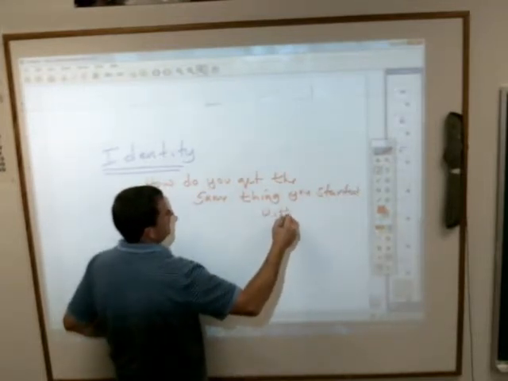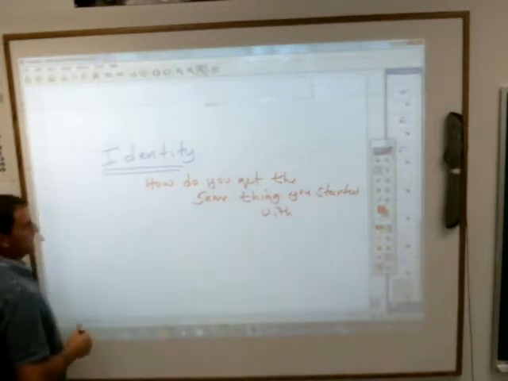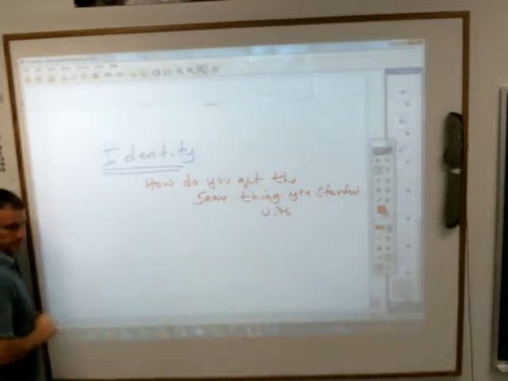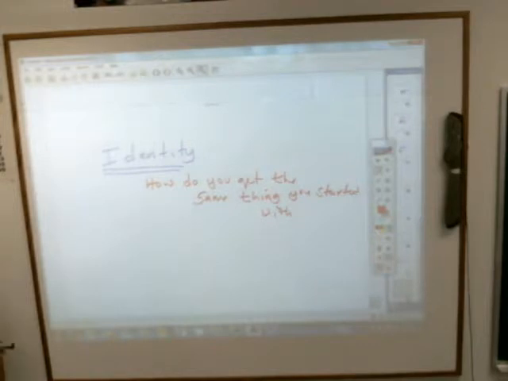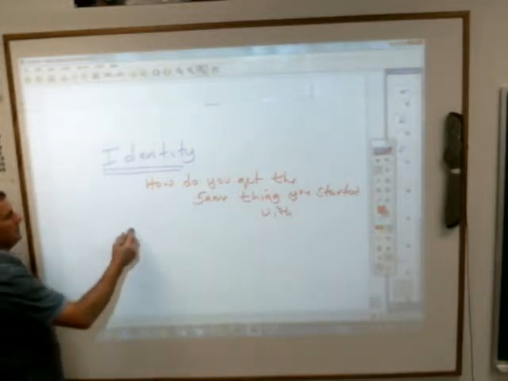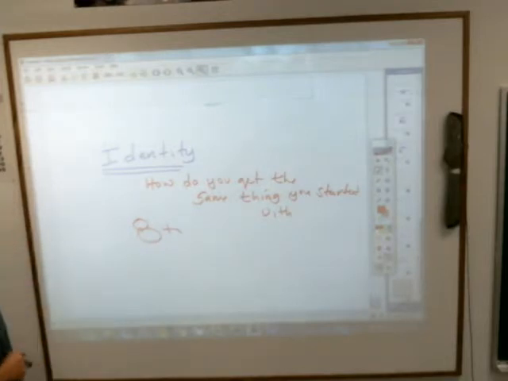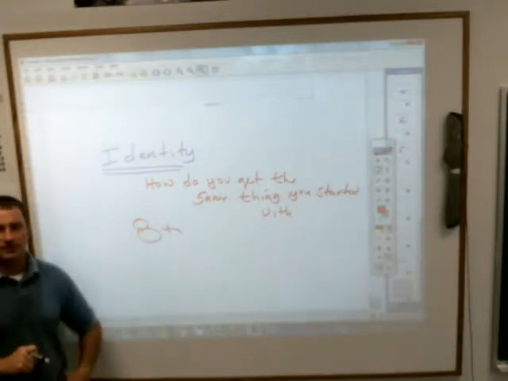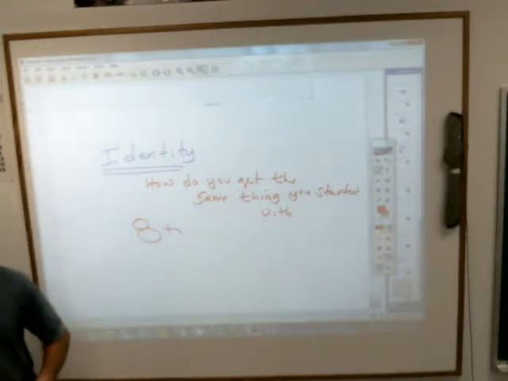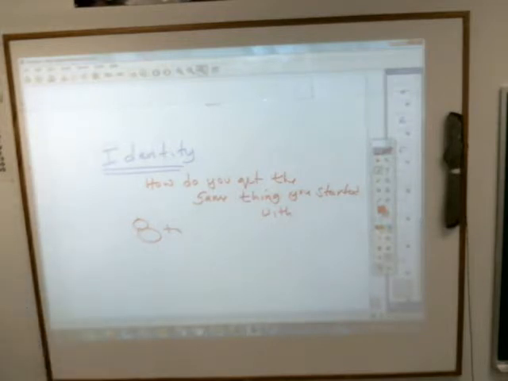Let me give you an example there. Let's say I'm talking about addition. If I start off with an 8 and I add something to 8, what is it that I always add to a number to get the same number I started with?